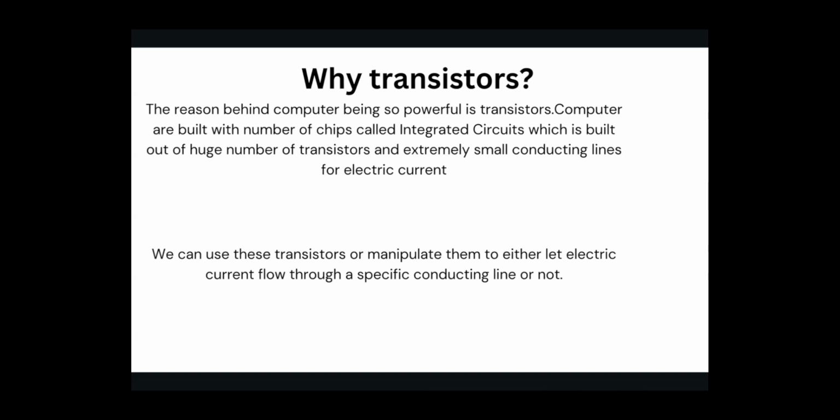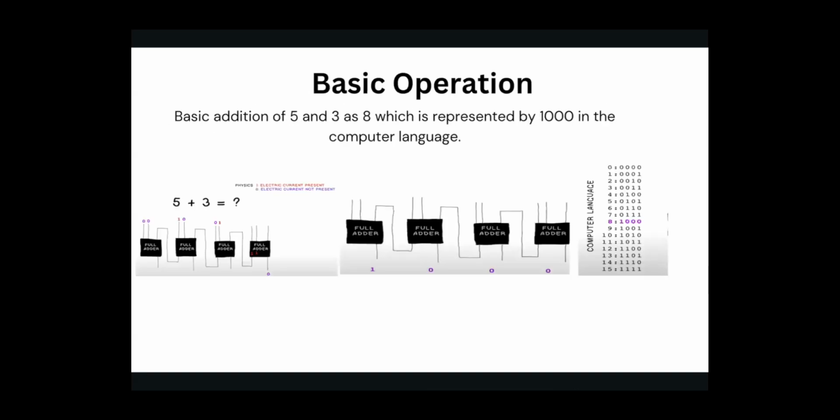It could be on or off, and this on and off state helps us encode information and do computation. We can manipulate transistors either to let electric current flow through a specific conducting line or not, and this is really helpful inside the computer.